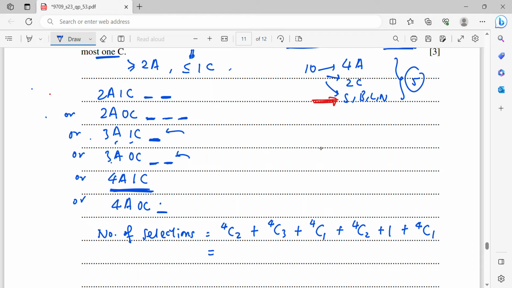So then, when you calculate each of the values, 4C2 is 6, 4C3 is 4, 4C1 is 4, 4C2 is 6, here 1 plus 4. So the total of this will be 25. This is the working when you directly calculate at least 2 A's and at most 1 C.